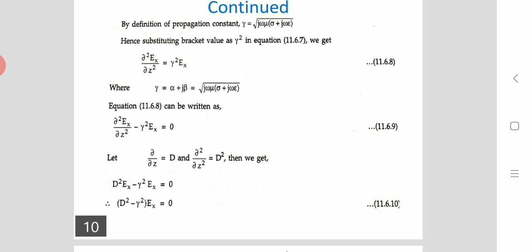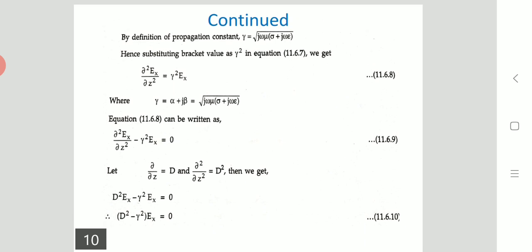So 11.6.8 can be written as dou square Ex by dou z square minus gamma square Ex is equal to 0. Therefore dou by dou z is D and dou square by dou z square is D square. So we get D square Ex minus gamma square Ex is equal to 0, that is, bracket D square minus gamma square times Ex is equal to 0.